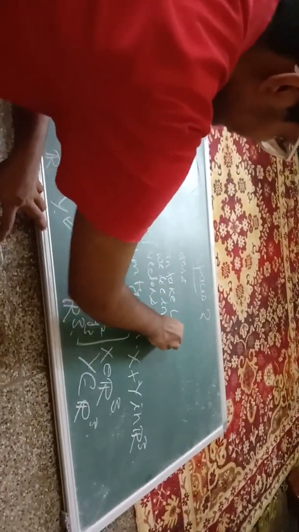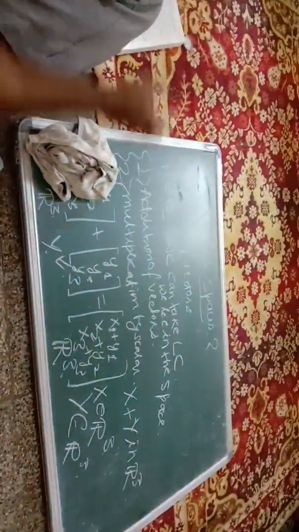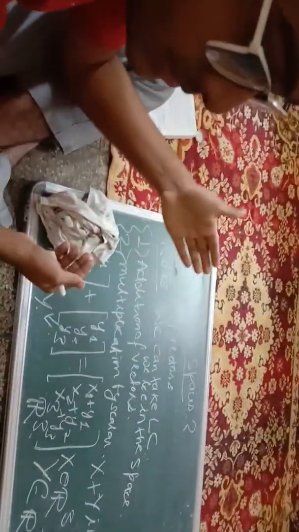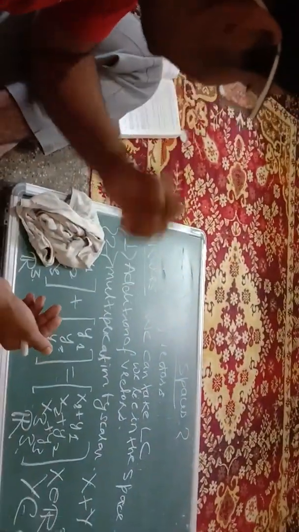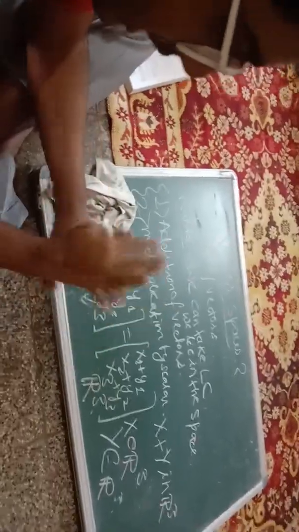So that was about a vector space. We have, of course, many properties for addition of vectors. It's commutative, it's associative. Those are the basic laws of algebra, so we don't discuss them because they're very elementary in nature.